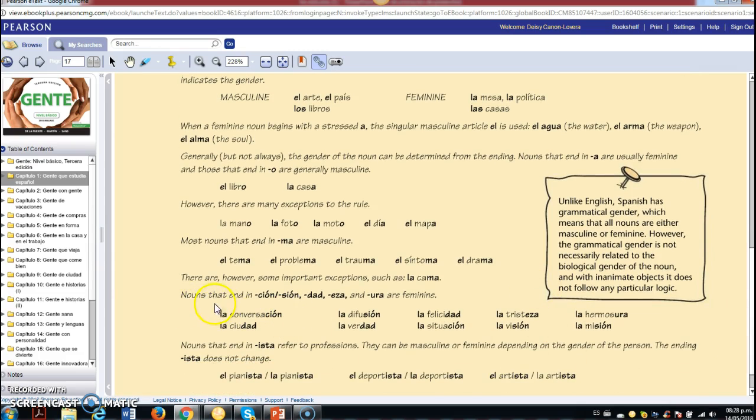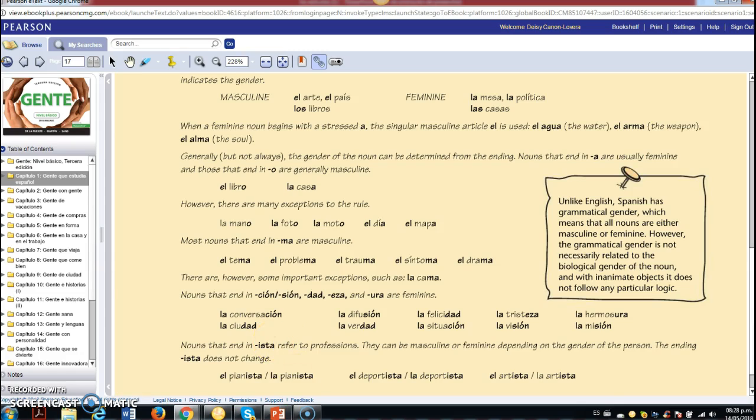For example, nouns that end in sión, dad, esa, ura are feminine. So these are really important things that help you, or maybe make it easier for you, to know if the noun is feminine or masculine.